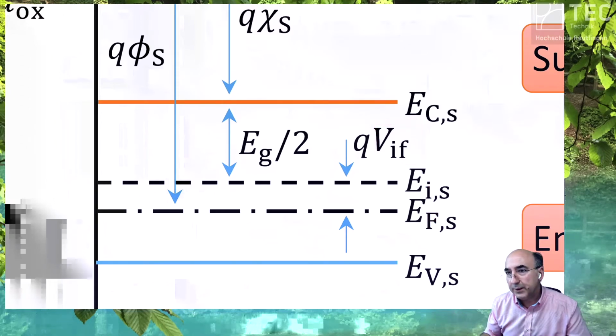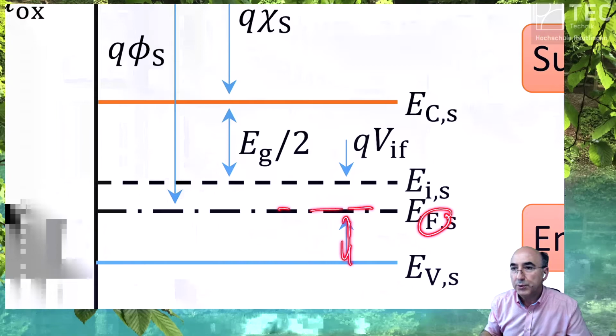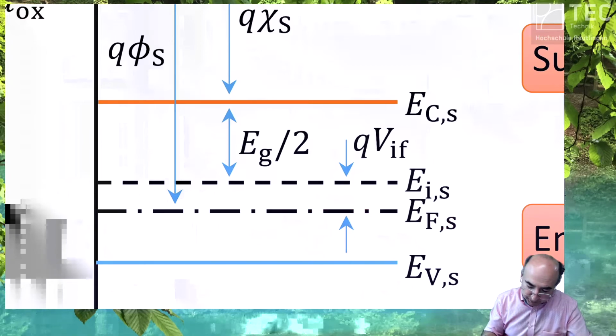You can calculate that because the center energy has this value, and the Fermi level energy has, as a function of the doping, a certain value. We have learned that. So we can calculate the VIF.